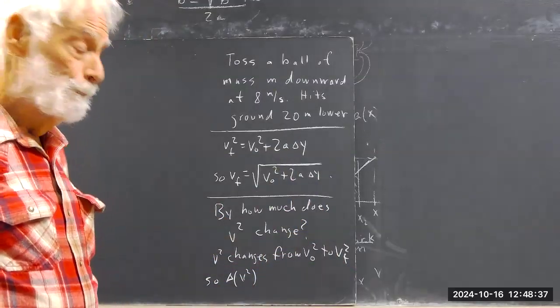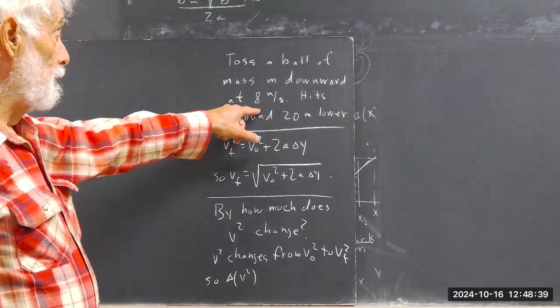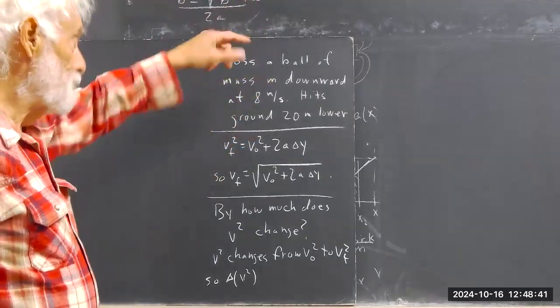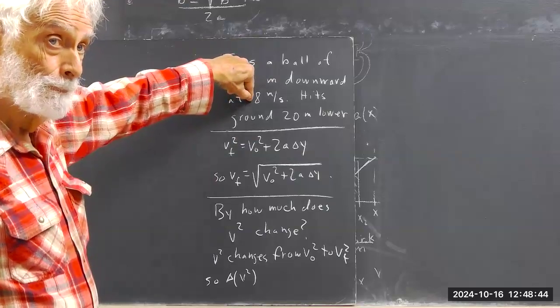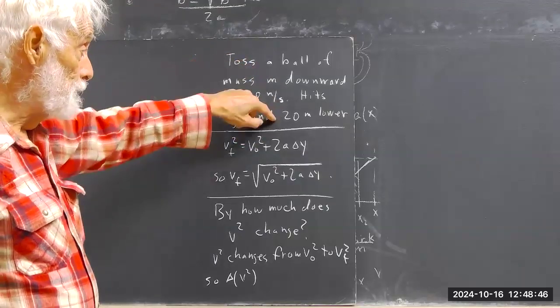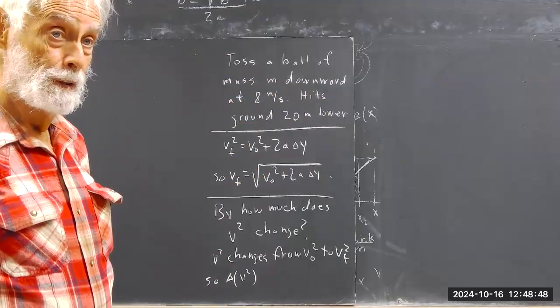I mean, v squared starts out at 64 meters squared per second squared, right? And it goes up to something after it's fallen 20 meters.